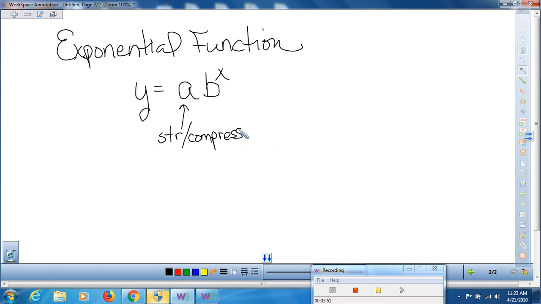The b told us whether it was growth or decay. Now up here where the x is, what was the letter we used anytime we were affecting x? That was our h. That h tells us whether we're going right or left. And then at the end of this function, we always put plus k. And again, that plus k tells us if we're going up or down. So let's try an example.